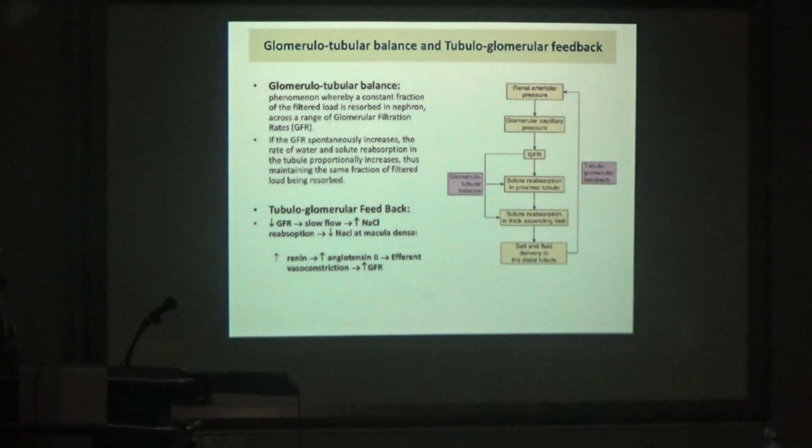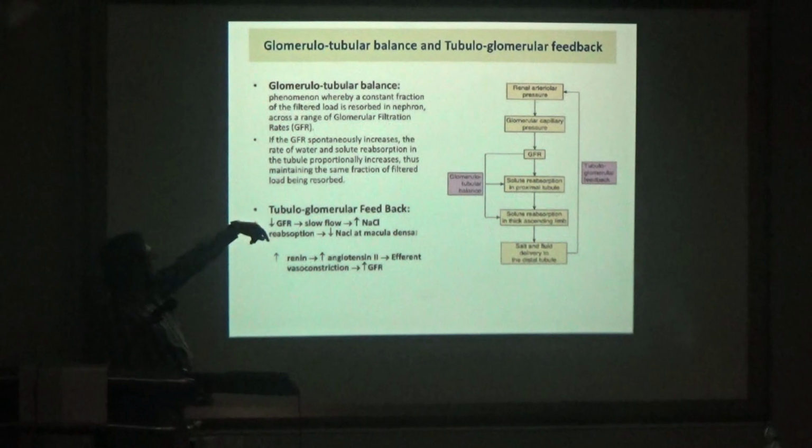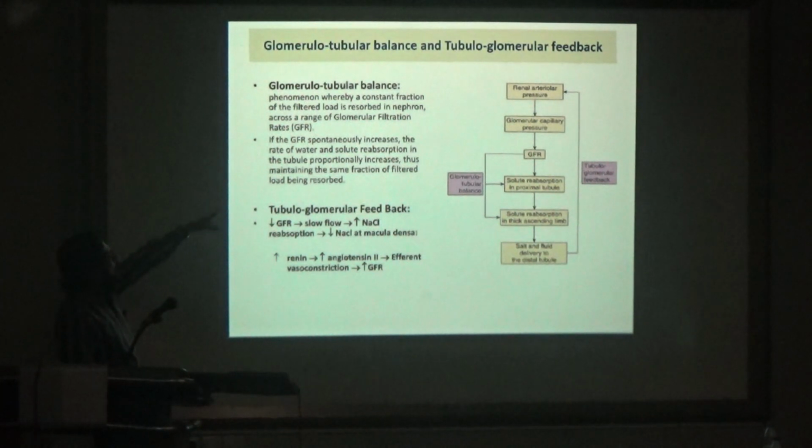Coming to the feedback, that is glomerular tubular balance. What do you mean by glomerular tubular balance? It means that whenever the GFR is increased, the rate of solute reabsorption from the tubule part increases to maintain the same fraction of filtered load being reabsorbed.